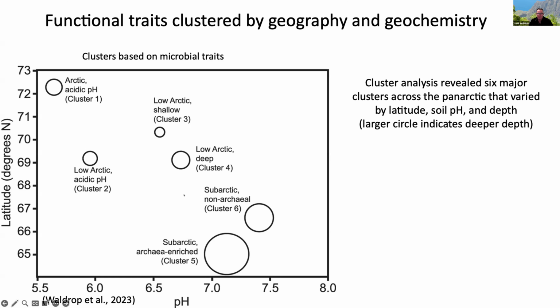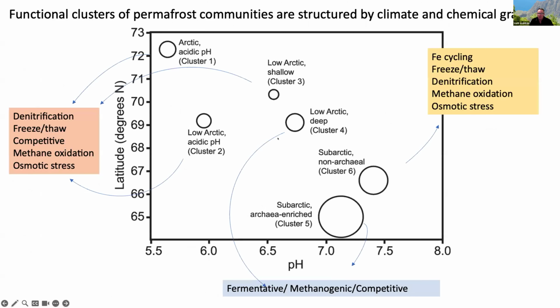But what we observe is that these two circumneutral clusters, clusters 4 and 5, are our two methane producing clusters. These three clusters that are at a higher latitude and more acidic pH are the clusters that have genes involved in nitrate reduction, survival of cold conditions, and methane oxidation.